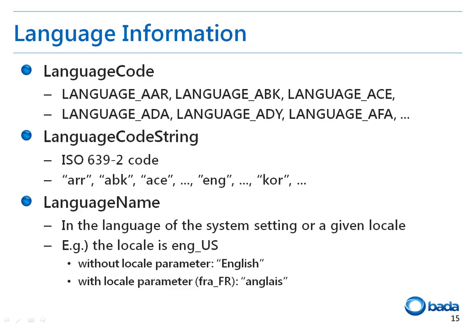A language name string can be retrieved from the locale class using either the current locale or a specified locale. If you request a language name without specifying a locale, the string will be returned in the currently selected locale. But, for example, if you request the language name specifying the French locale, even if the current locale is English, the French string "anglais" will be returned.